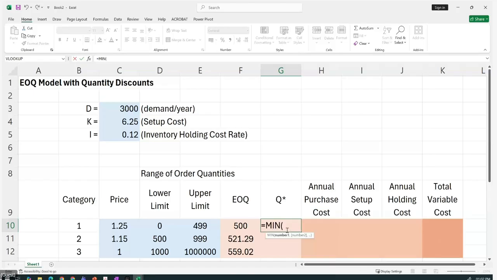How much should I order? I have to order the minimum of the upper limit or the maximum of the lower limit, comma, the economic order quantity. Take a moment. I hope you have understood this formula.